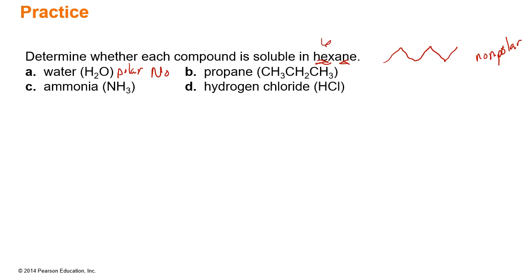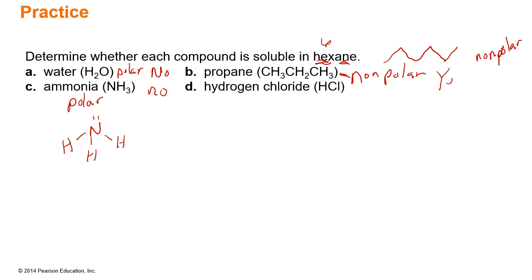If we look at ammonia, ammonia is polar. Look at its structure. It is not symmetrical, it's asymmetrical, so it makes it polar, which means no, it will not dissolve in hexane. If we look at propane, propane is a carbon chain with 3 carbons, no functional groups, so this is going to be nonpolar.